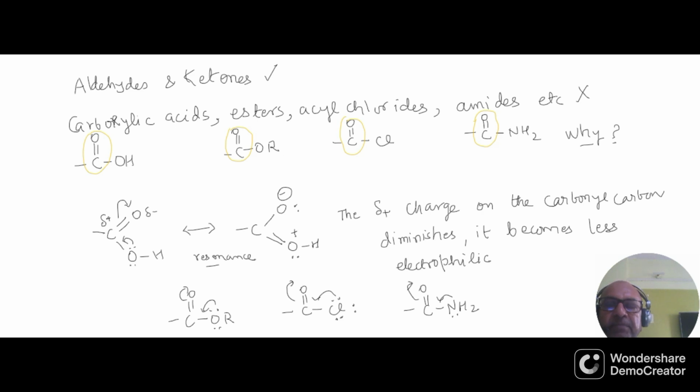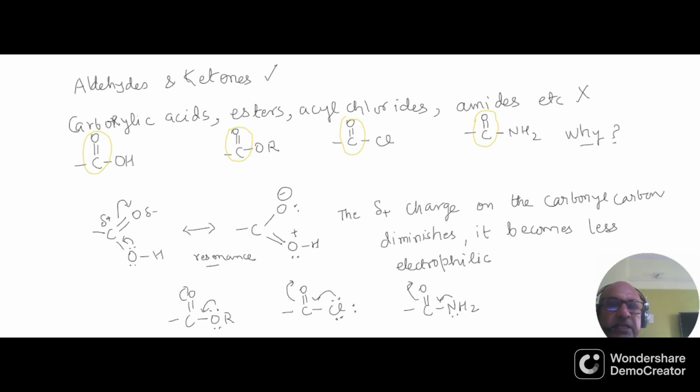Now you will find that the same thing happens in an ester or in an acid chloride or in an amide, that the atom next to the carbon has lone pairs of electrons, and a similar phenomenon is possible, making the positive charge on this carbon less and therefore weakening this positive charge.